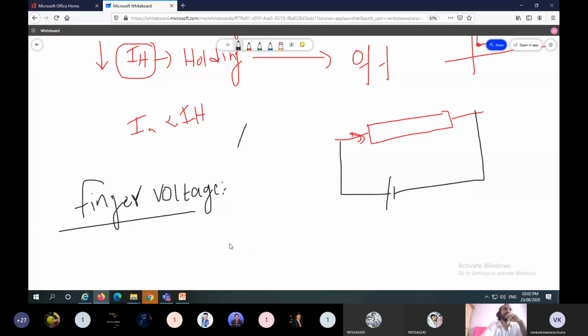That voltage is known as finger voltage. It is the same as breaker voltage. So the minimum amount of voltage required to turn on the device is known as finger voltage.